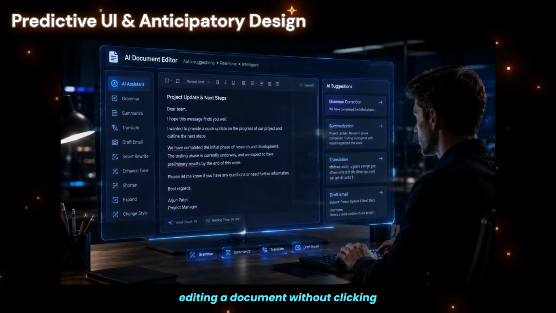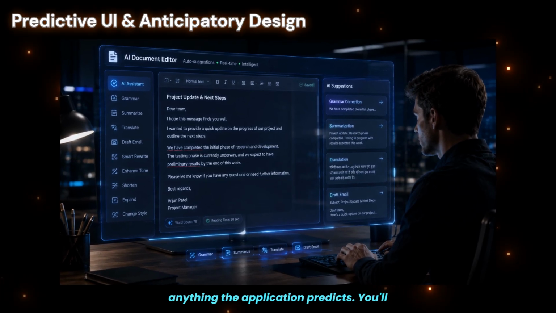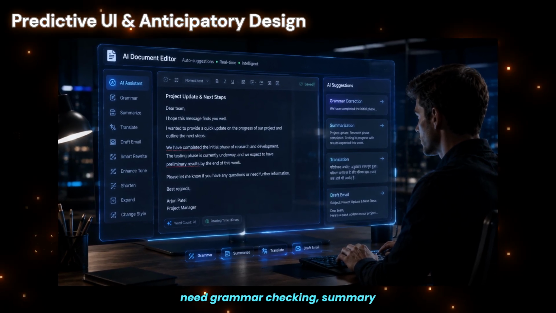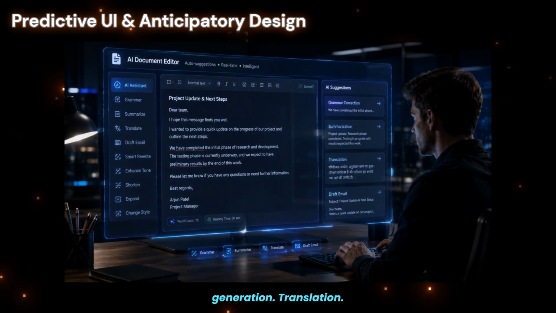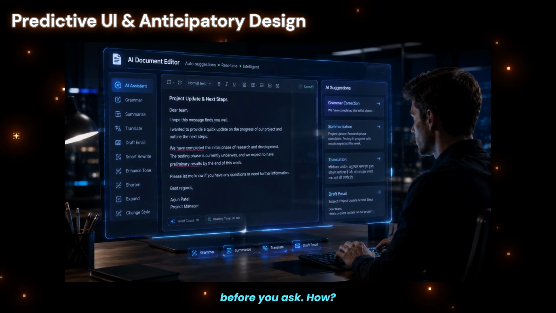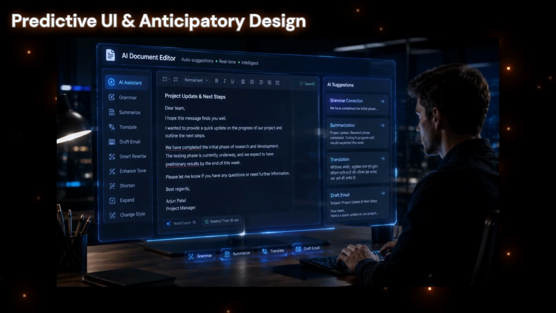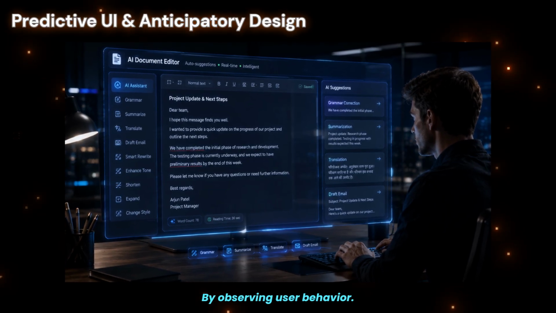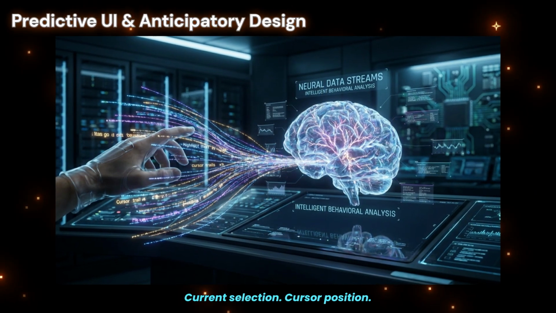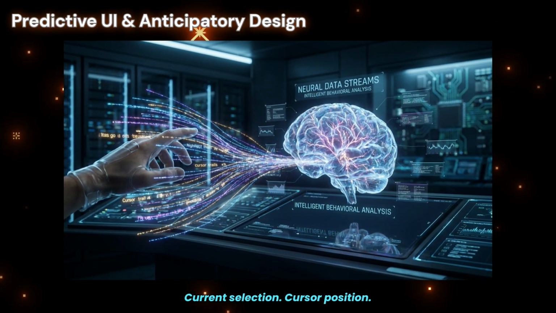Here's the most exciting part: predictive interfaces. Imagine you're editing a document. Without clicking anything, the application predicts you'll need grammar checking, summary generation, translation, email drafting. Those tools appear before you ask. How? By observing user behavior. Current page, recent actions, current selection, cursor position.